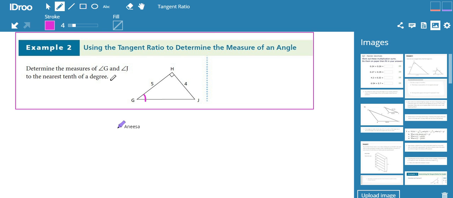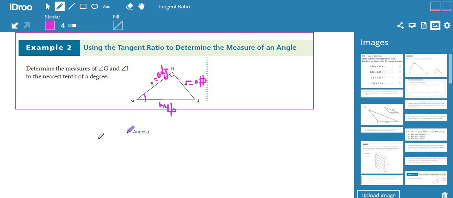Determine the value of angle G and angle J. So first of all, tell me according to angle G, what's the opposite? 4. And what's the hypotenuse? Down here. And adjacent? 5. Okay, so we're going to find angle G.